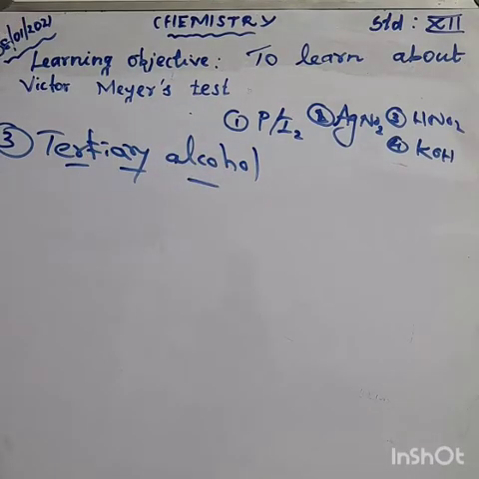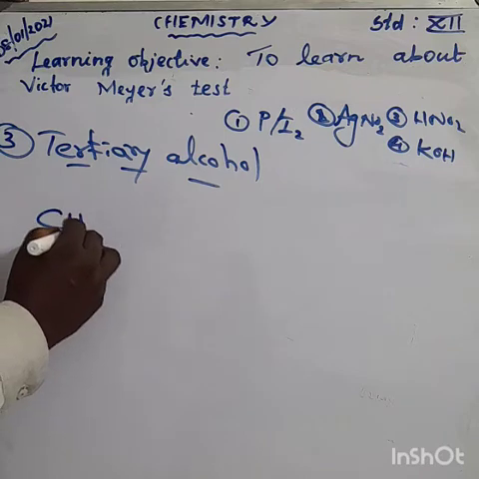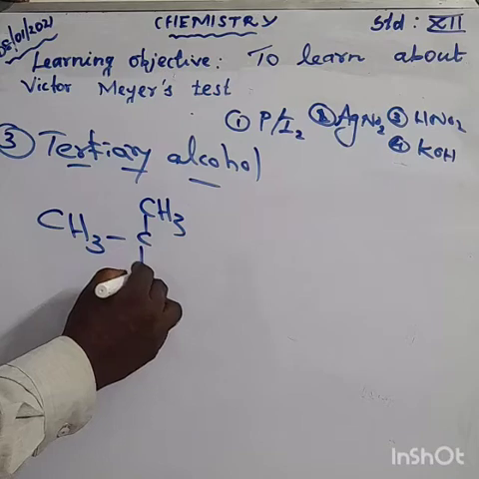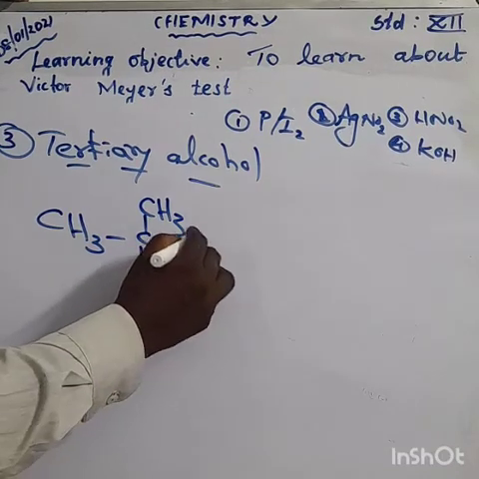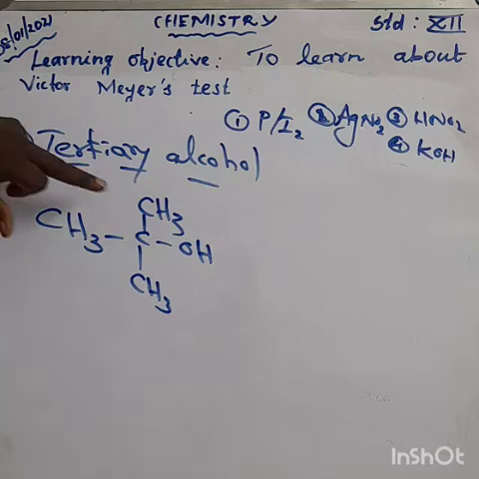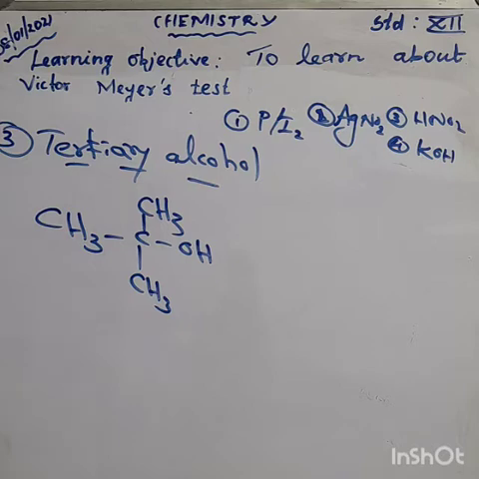Tertiary alcohol. Okay. What is tertiary butyl alcohol? (CH3)3C-OH. The compound having three methyl groups is called tertiary butyl alcohol. Can you say the IUPAC name?